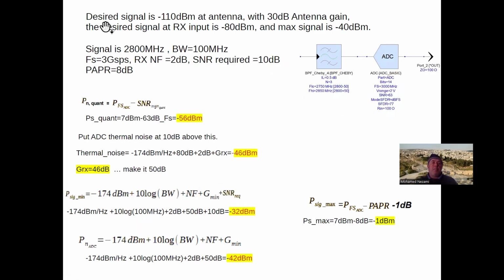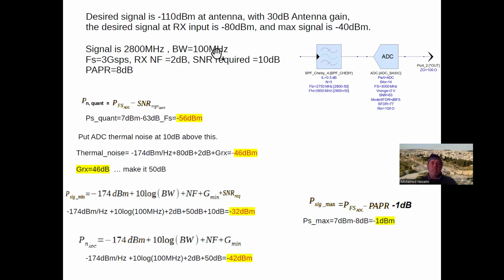Okay, so let's look at this example. So we have a desired signal. My desired signal is minus 100 dBm at the antenna, and assume the antenna is 30 dBi gain. The desired input signal will then be minus 80 dBm at the input of the receiver, okay? And the maximum signal level, let's assume, is minus 40 dBm, okay?